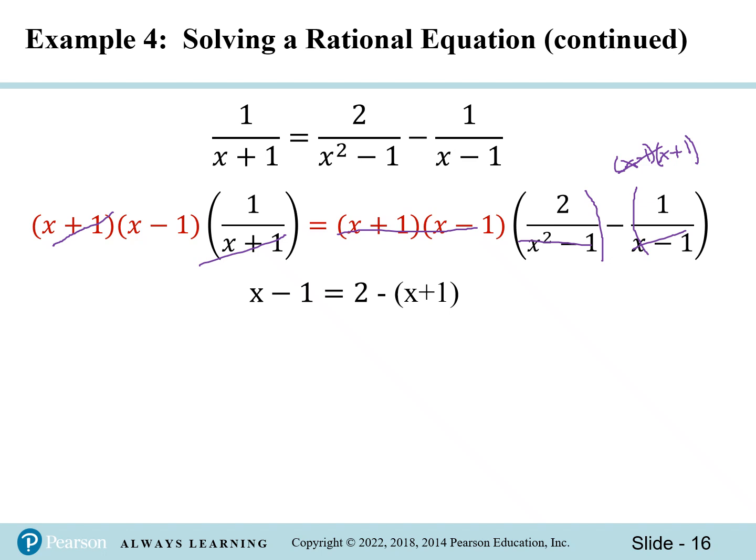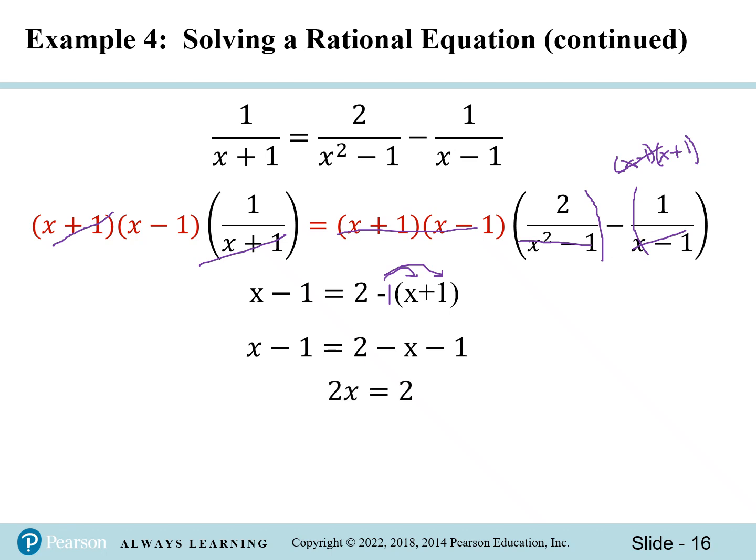Just distribute that negative there, so everything changes to its opposite. And I'll have x minus 1 equals 2 minus x plus 1. Combine like terms on the right-hand side, so 2 plus 1, and I'm going to have to also move this x over, so add x to both sides.